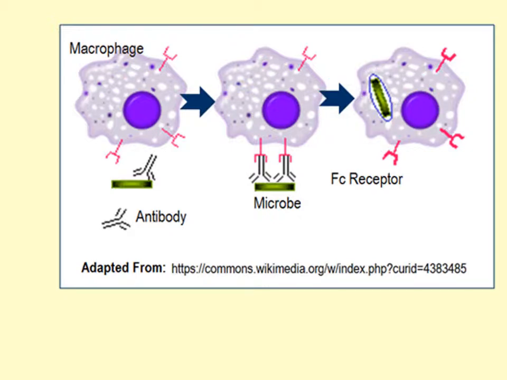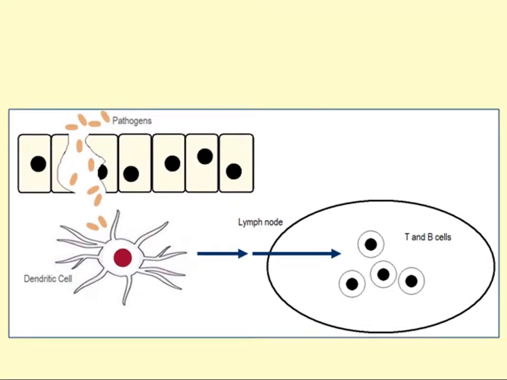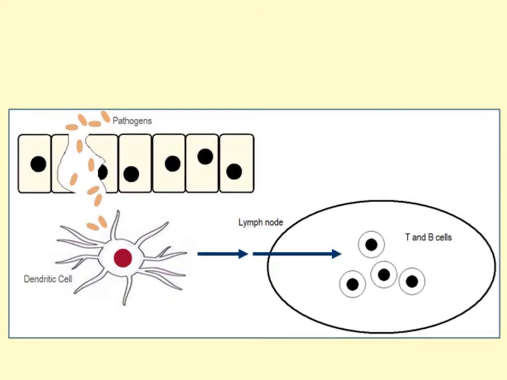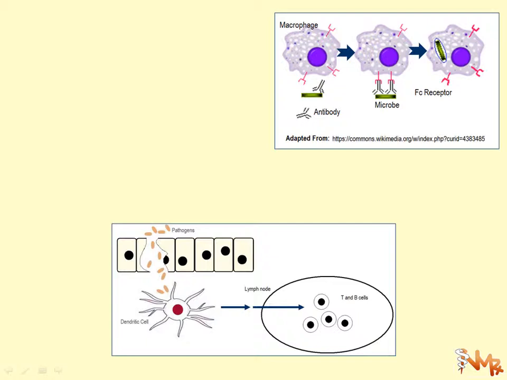In the lower diagram, I'm showing a dendritic cell under the skin, and after intrusion of the bacteria or pathogens, these dendritic cells are migrating to the nearby lymph nodes, and over there they present the pathogen to the T cells and B cells. Essentially, they introduce the pathogen to the adaptive immune system.